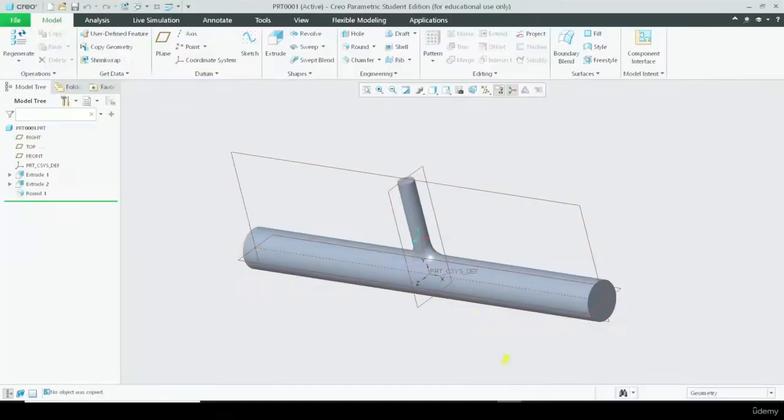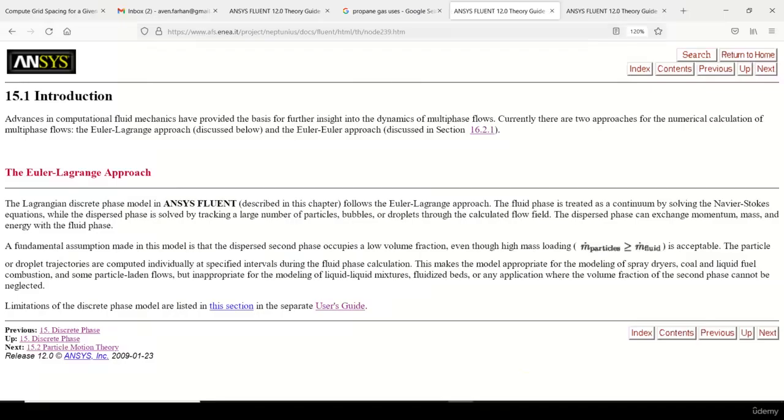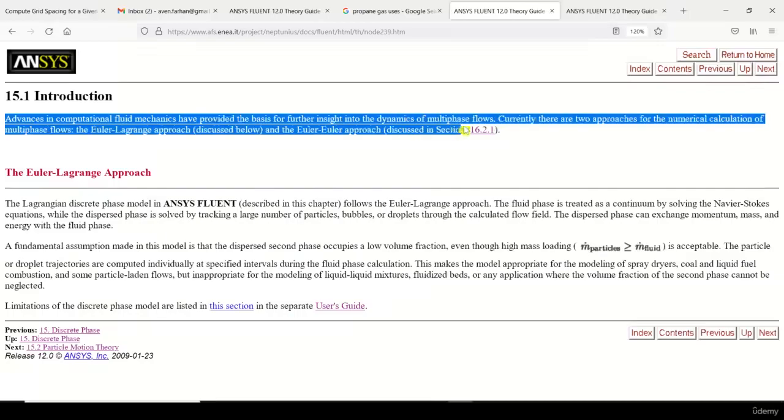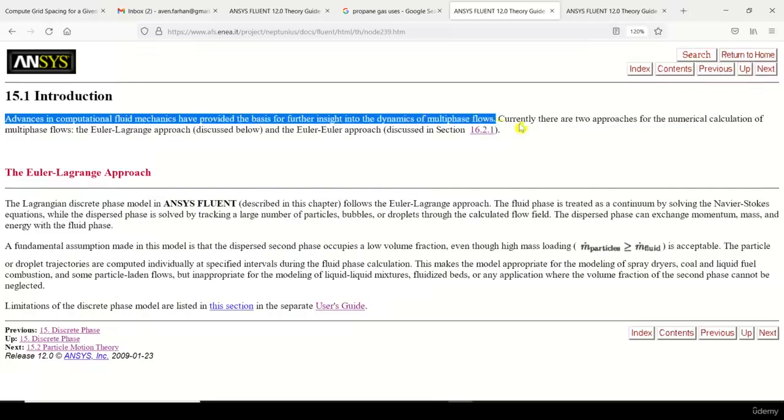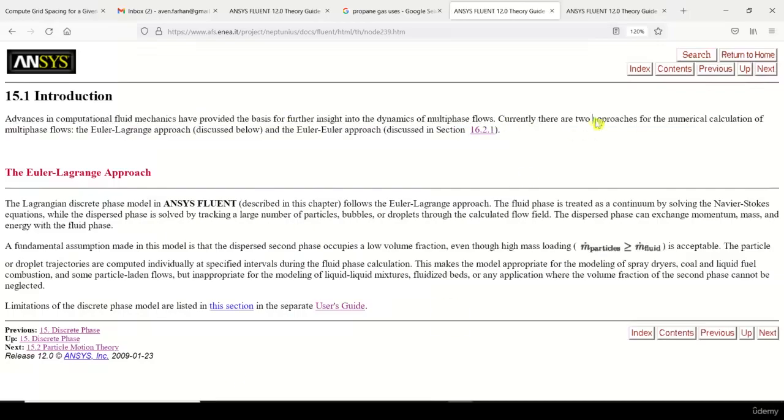Now I'll take you back to the browser, and we will see what is mentioned in the introduction of DPM. You can see that the advances in computational fluid mechanics have provided the basis for further insights into the dynamics of multi-phase flows. Currently there are two approaches for the numerical calculations of multi-phase flows: the Euler-Lagrange approach and the Euler-Euler approach, right?